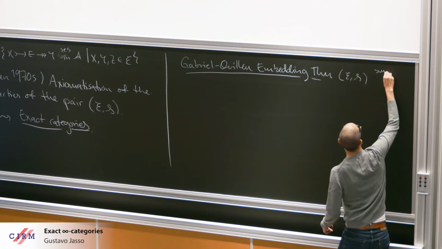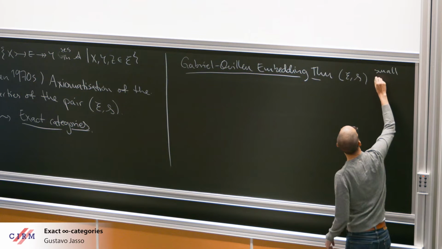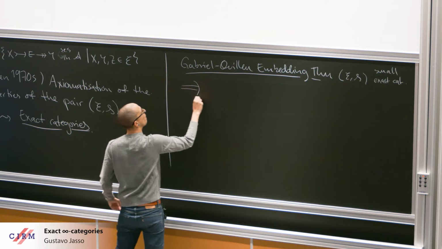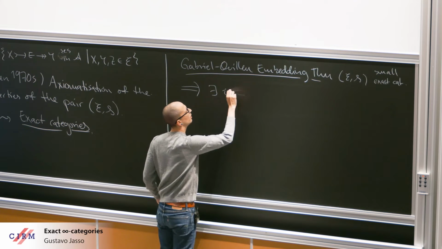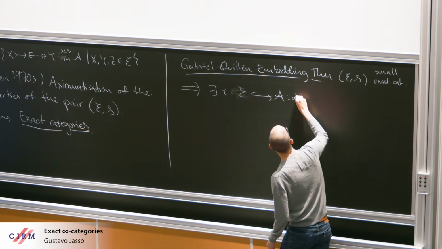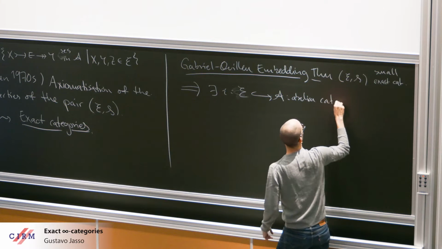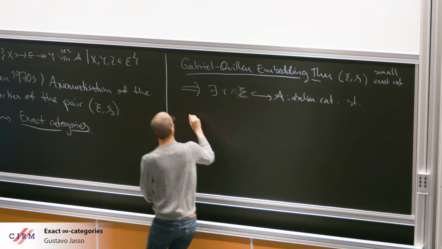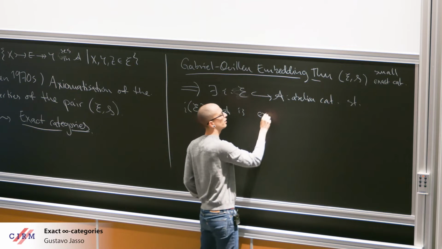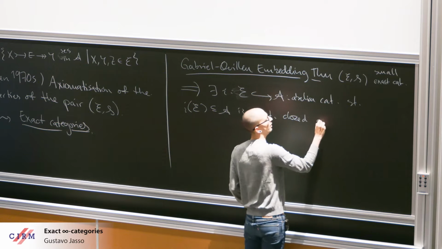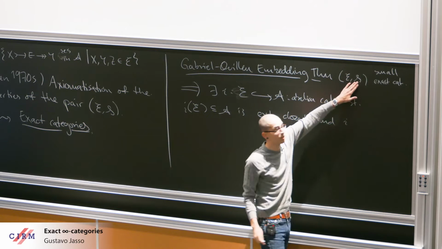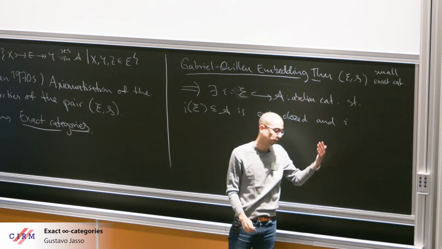Which says that if I have a small exact category, then there exists a fully faithful functor to an abelian category A whose essential image is extension closed in A, and such that this functor is exact, since it sends admissible short exact sequences, the ones that lie in S, to exact sequences in A, but it also reflects exact sequences.